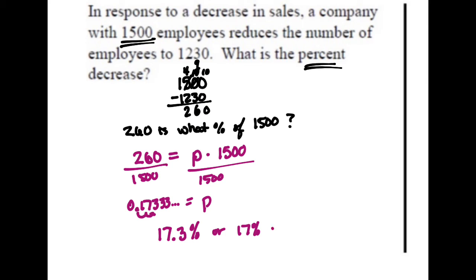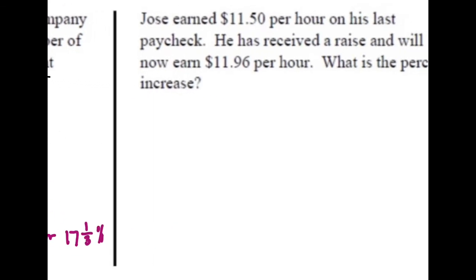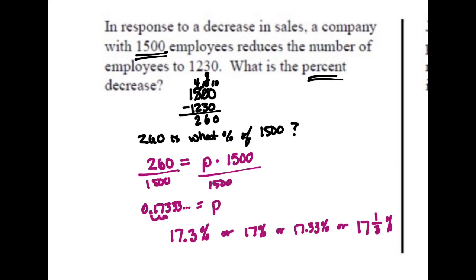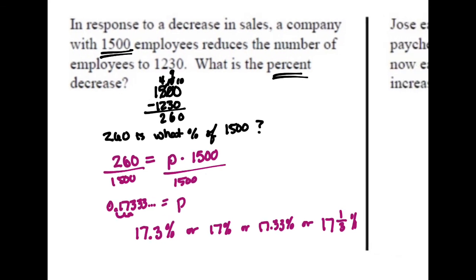You could see 17.33%, or technically, this is one reason why I like fractions, is it's exactly 1/3%. And you would see that, wouldn't you? Okay. All right. And again, if I'm correcting it, I would take any of those, unless it tells you in the problem to round it to a specific place.